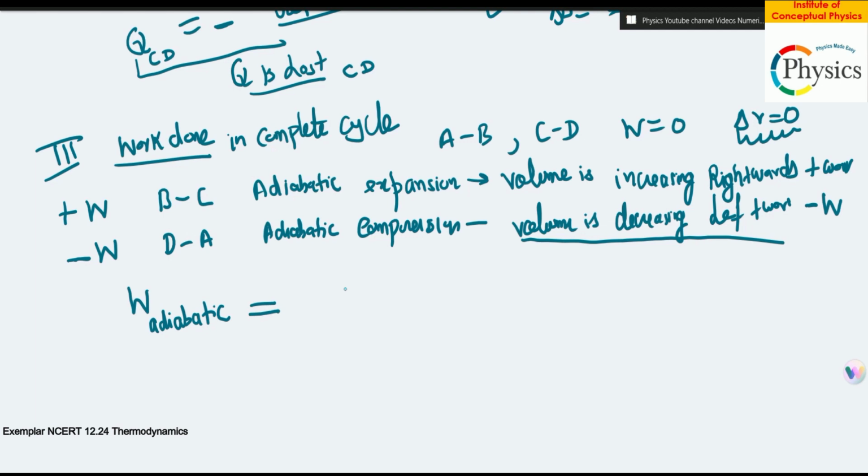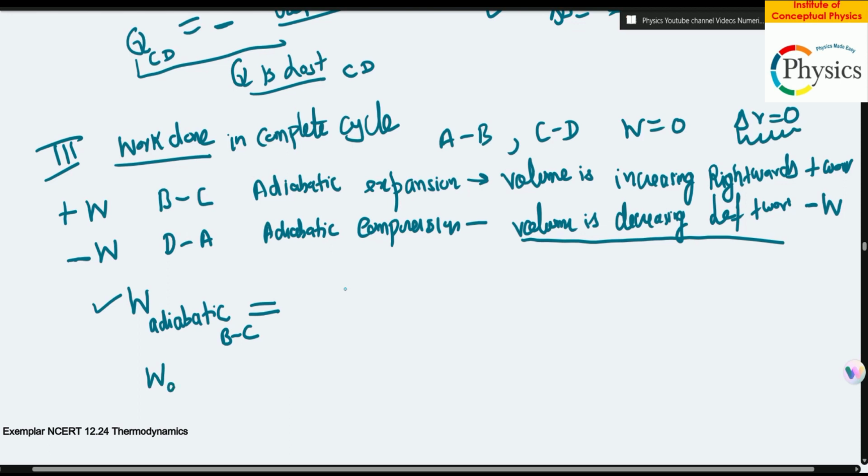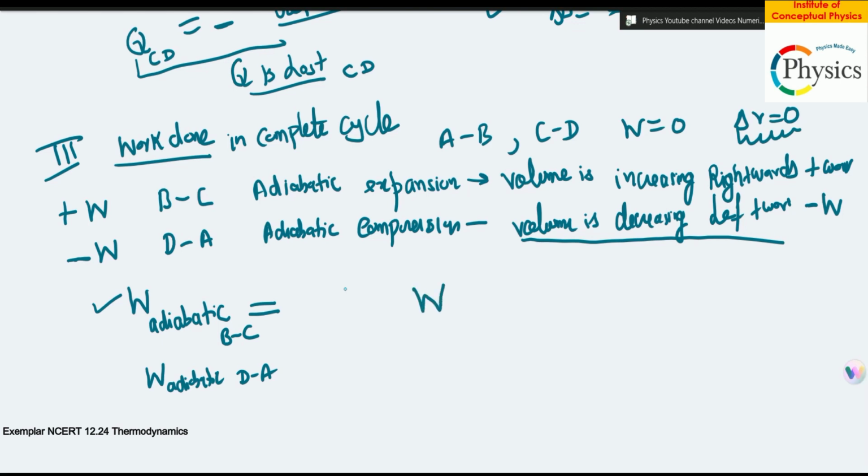There is a complete formula for it. So you write the expression for the adiabatic process during B to C, and then we will write the work done during the adiabatic compression, which is D to A. So the total work done during the cycle A, B, C, D will be the sum of work, which is WBC, the adiabatic expansion, plus the adiabatic compression.